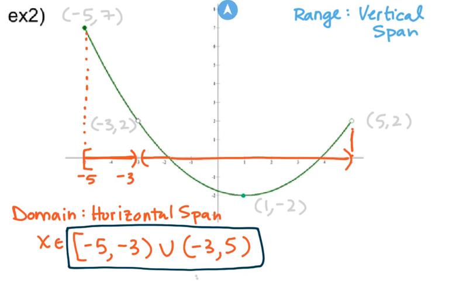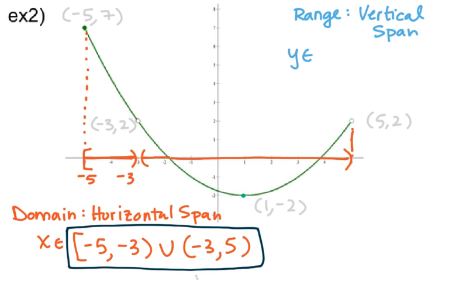Range is my vertical span. It's fairly easy for us to see that we have a low y value at -2 and a high y value at +7. So we have an idea of where our range is going to start and end, -2 to +7. We have to look and see if there's a hole anywhere along this path as we travel vertically.